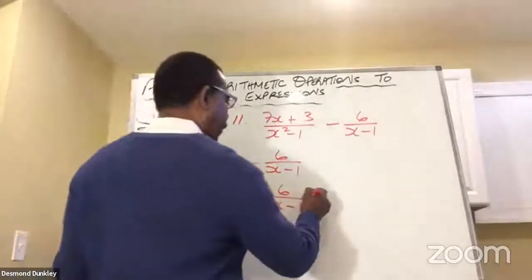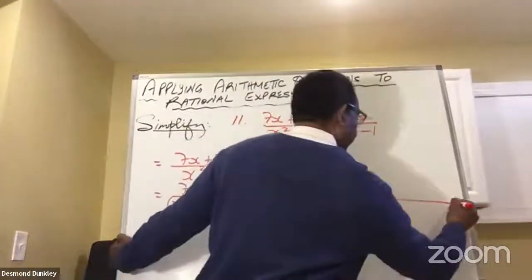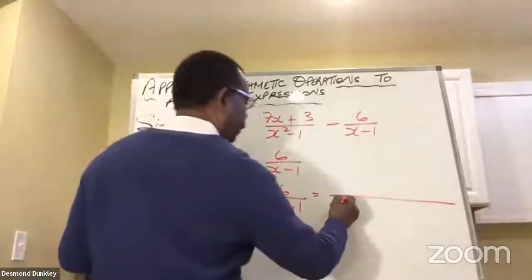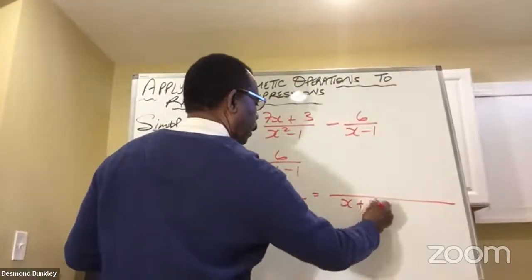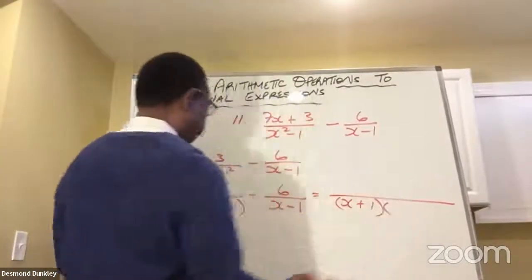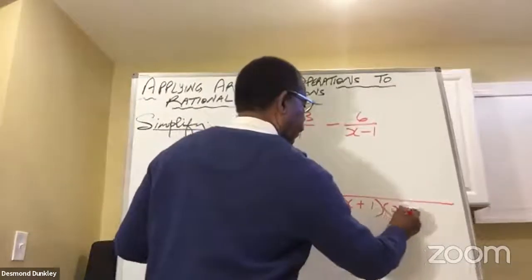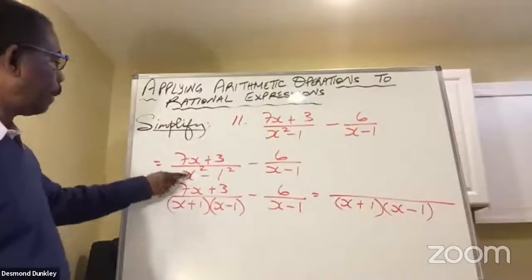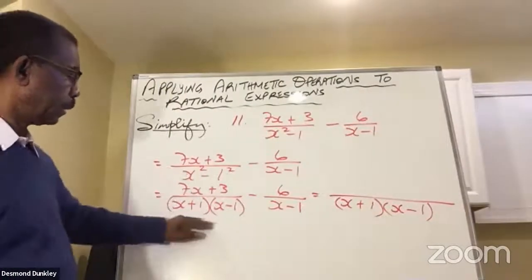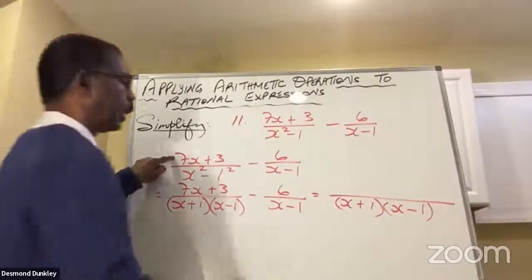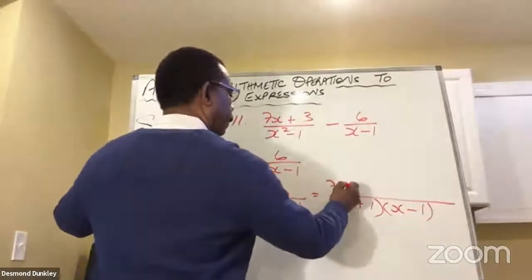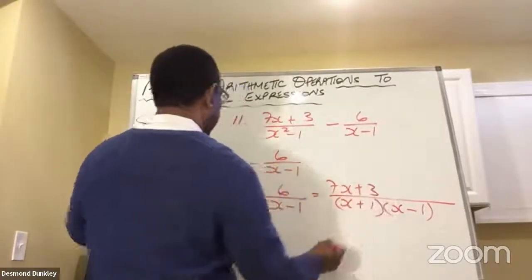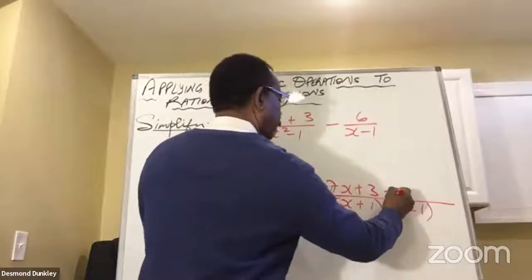So therefore, I would put this equal to x plus 1 times x minus 1. So this denominator is already this. So the top doesn't change. We have a minus.